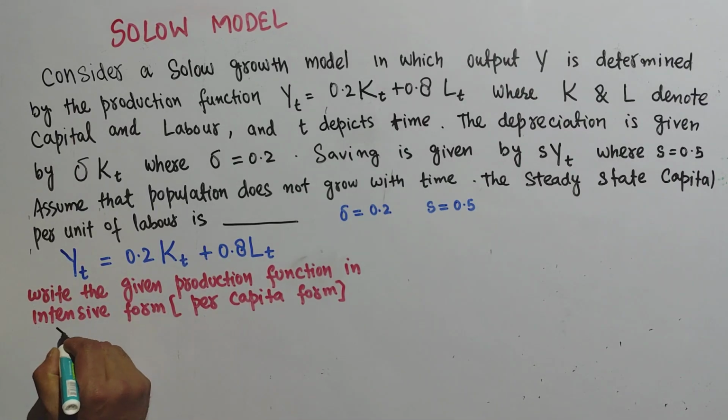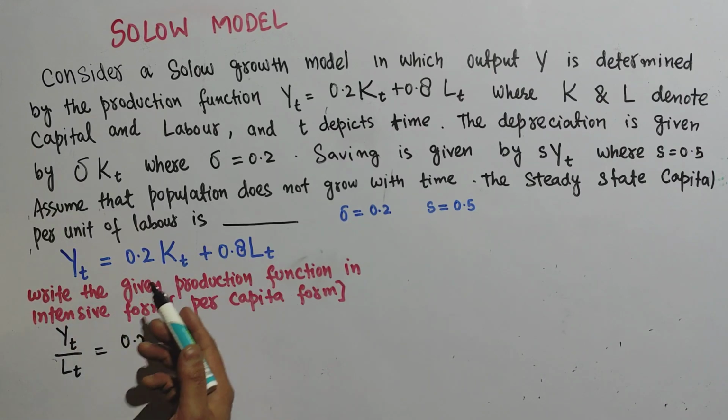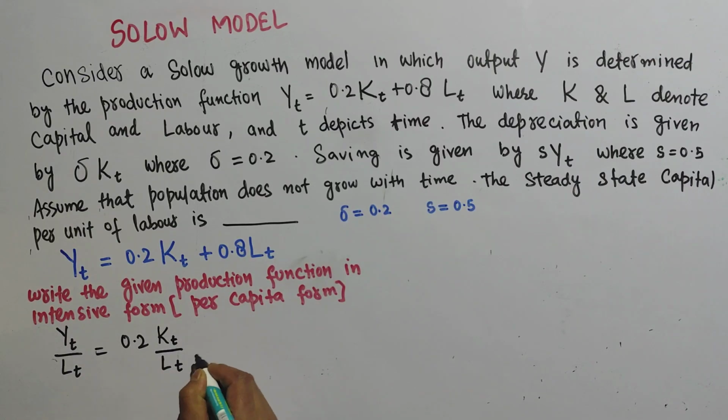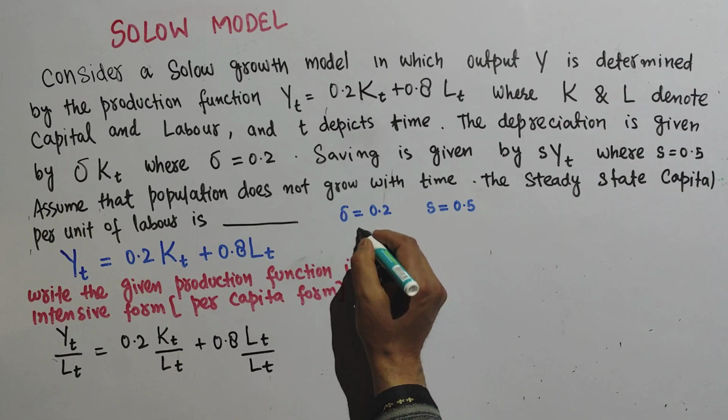So we have Y_t, to this we divide by L_t, should be equal to 0.2. We are dividing both sides by L_t. So we have here K_t divided by L_t plus 0.8 L_t divided by L_t.